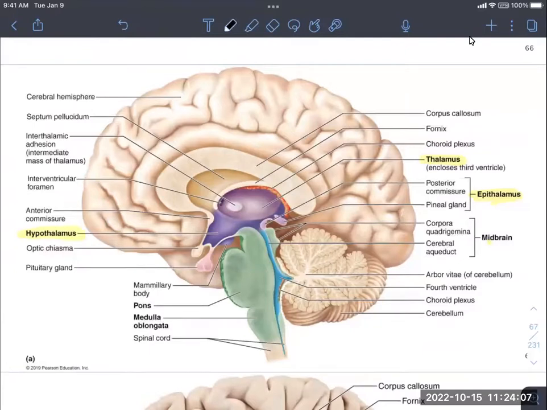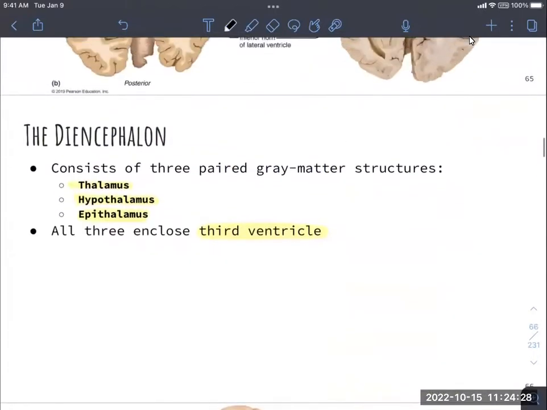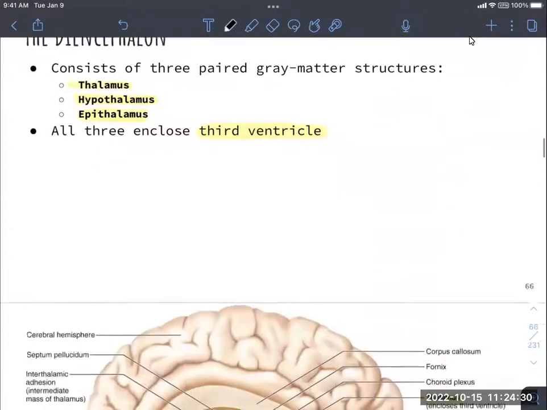Our thalamus is all through here. Hypothalamus comes down through here. Epithalamus is this light purple portion in the back. That makes up this entire diencephalon.